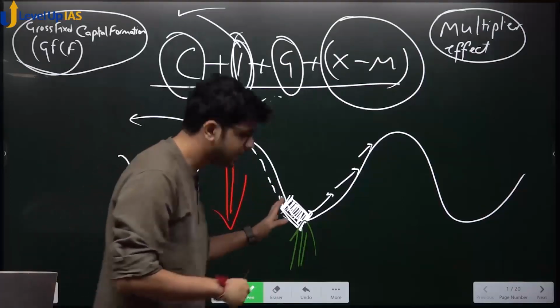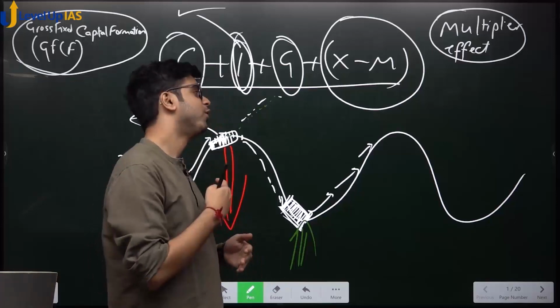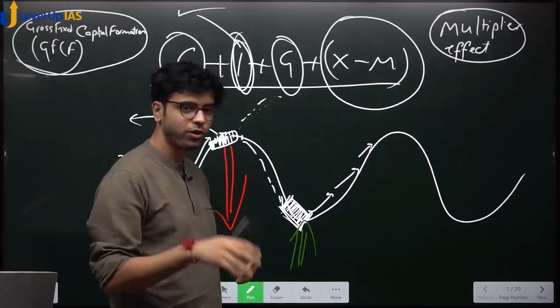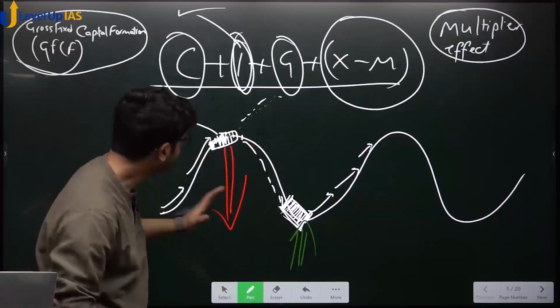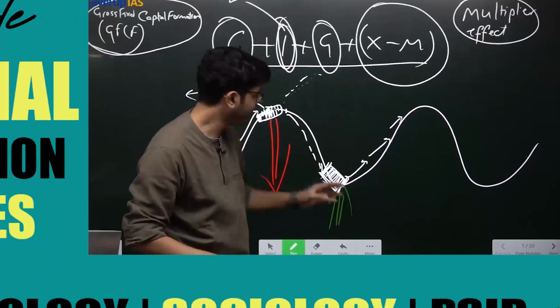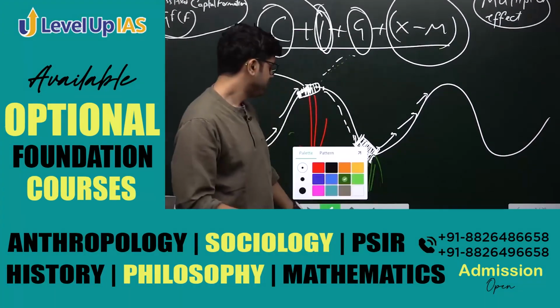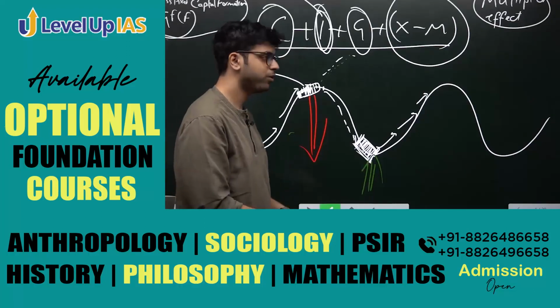This is exactly what Keynes suggested, and the government actions that follow Keynes's policy: the government pulling the economy down when the economy is going up, and pushing the economy up when the economy is going down. This, my friends, is the most important word which we are going to learn today.